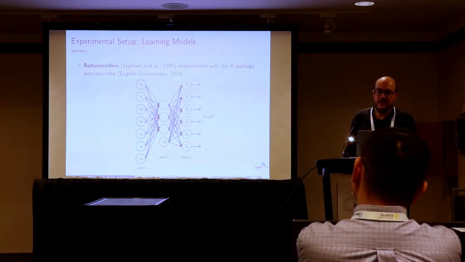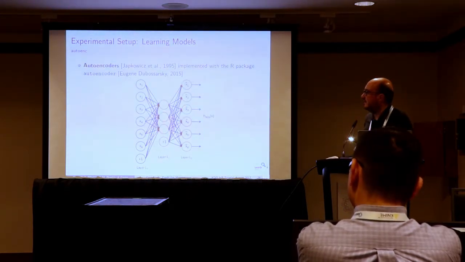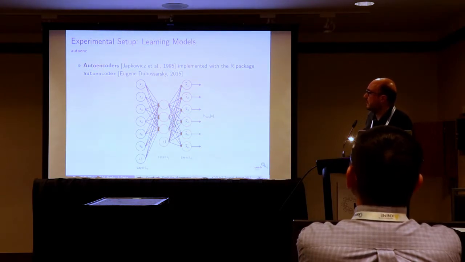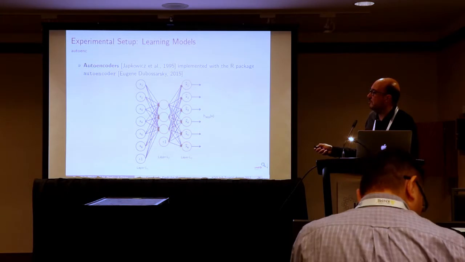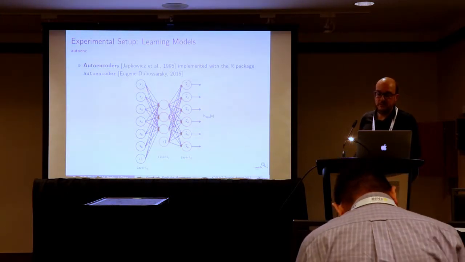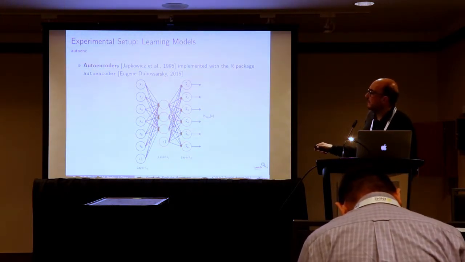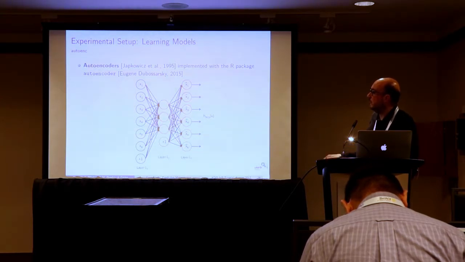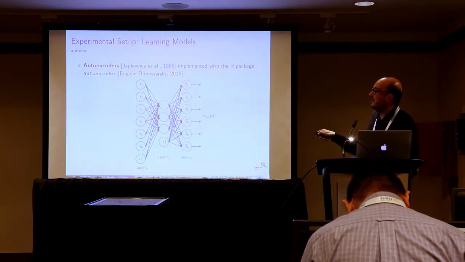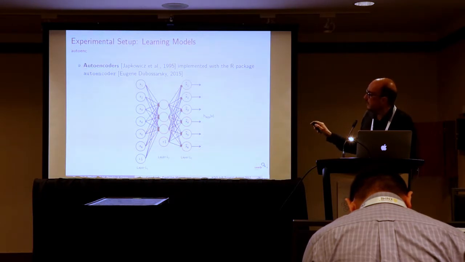The other method is these autoencoders. The idea here is that we use this neural network where the target output is going to be the same as the input. So if our input data is really normal, really the same as what we used to build the autoencoder, we are going to have the same output as the input.